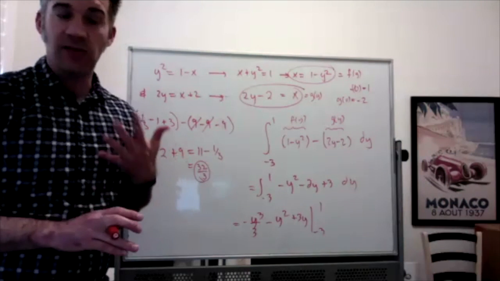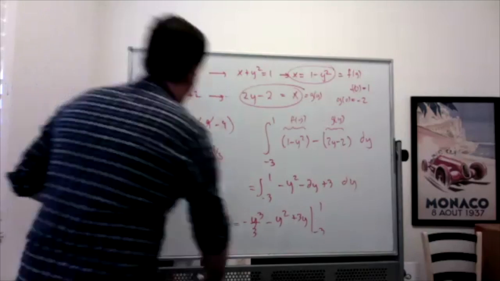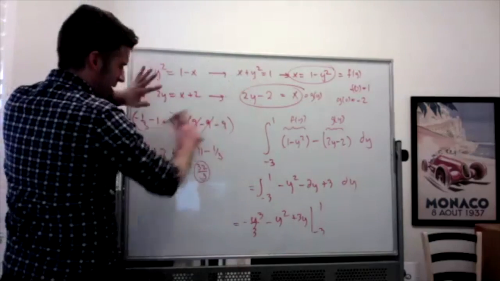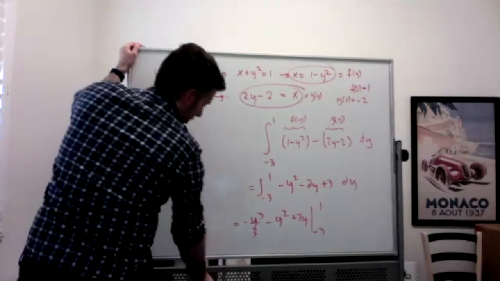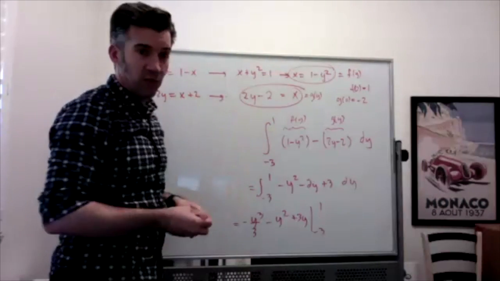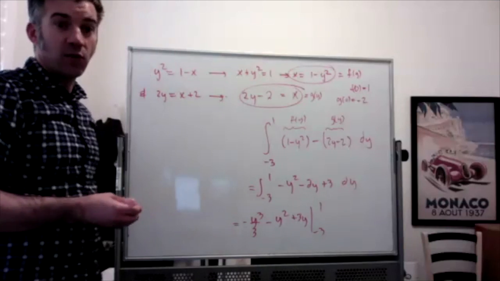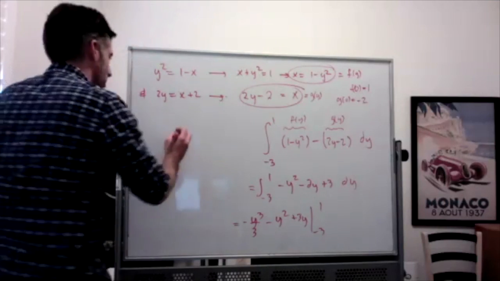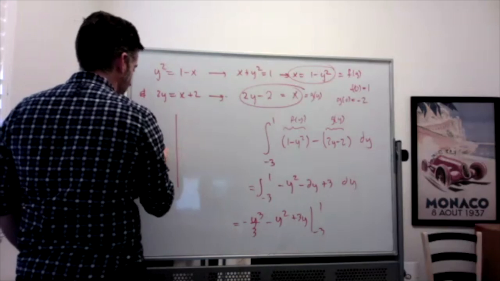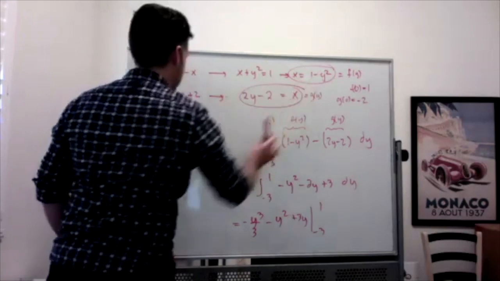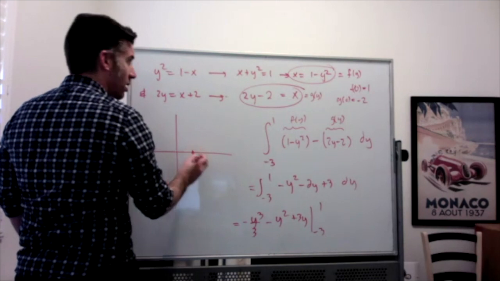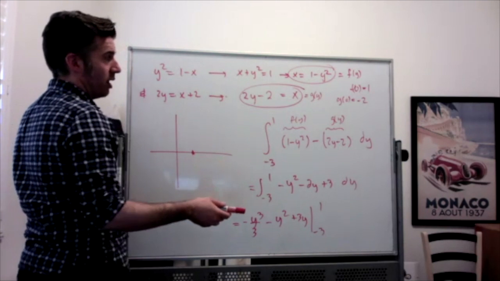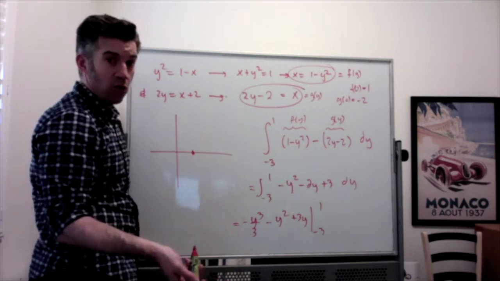So to see the answer to that question, let's draw the picture. Okay. So I'm going to erase this because I don't think we really need it. So here's what these graphs look like. If you graph x equal to 1 minus y squared, it looks like a leftward opening parabola. So I'm really just going to plot some points. If y equals 0, then x is going to be 1. If y equals 1 or negative 1, right?